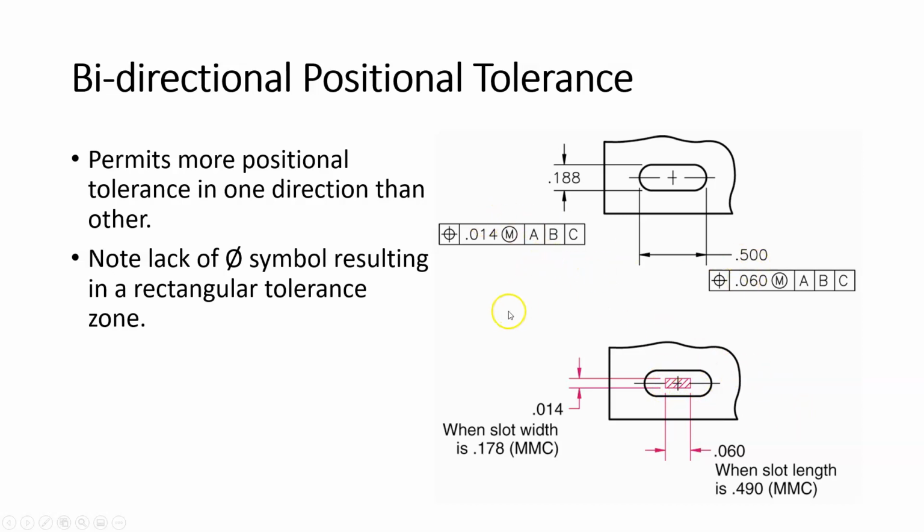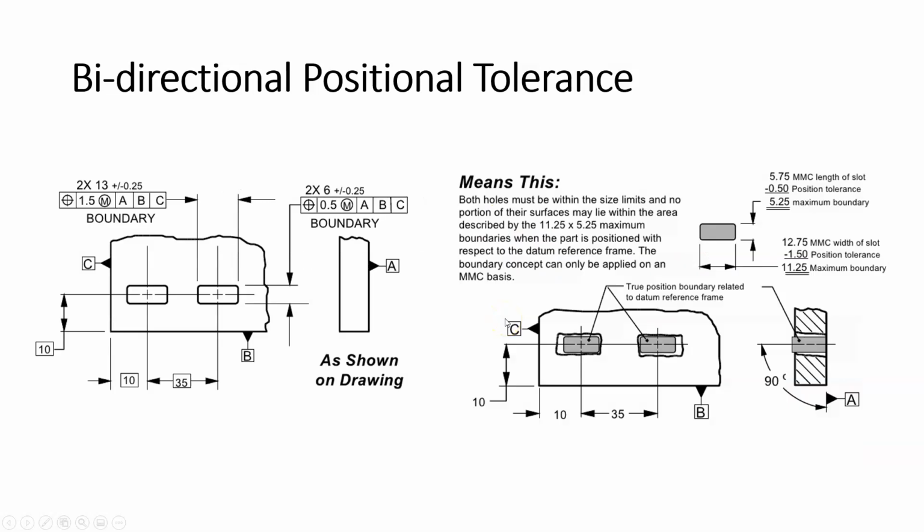Okay? So we can also see this here. We're applying the tolerance zone, the feature control frame, to the length here, 1.5 millimeters at maximum material condition, and to the width, 0.5 millimeters at maximum material condition. And so this is what we're creating. We're creating a tolerance zone that is rectangular.